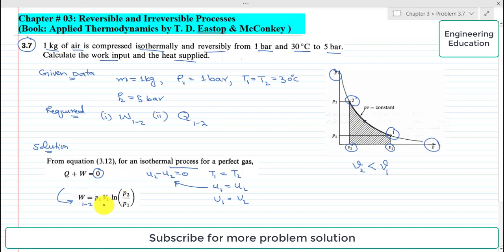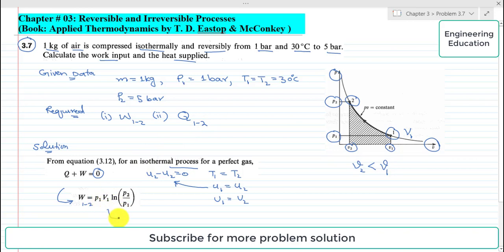So work done from 1 to 2 is equal to P1 V1 natural log of P2 by P1, where P1 is the pressure at state 1 and V1 is the volume at this point and P2 is the pressure at state 2, while P1 is again the pressure at state 1. So we have given these values in the problem, P2 and P1 are given. P1 is given, V1 is missing.